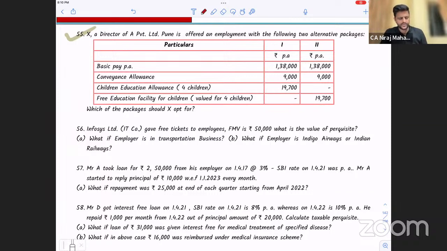Children education allowance for 4 children, total for the year 19,700. Or otherwise, free education facility for children, valuation for 4 children 19,700 for the year.